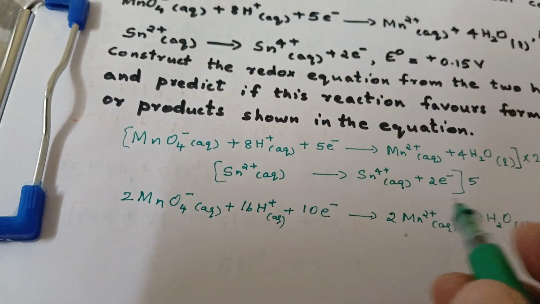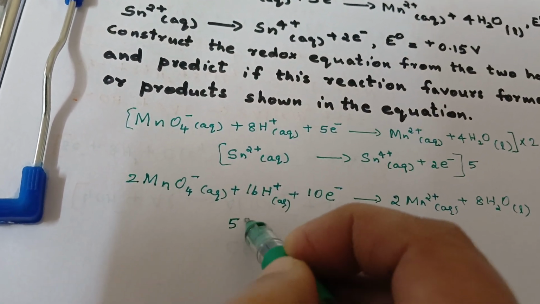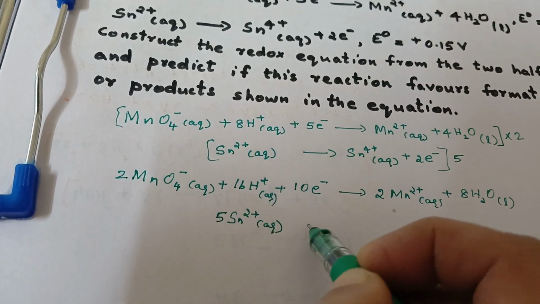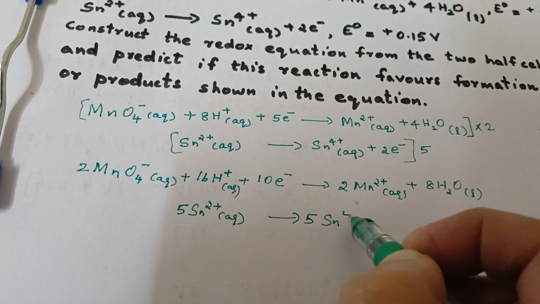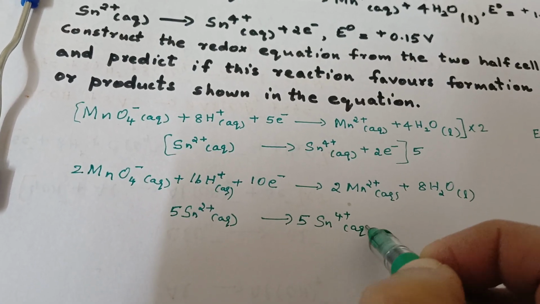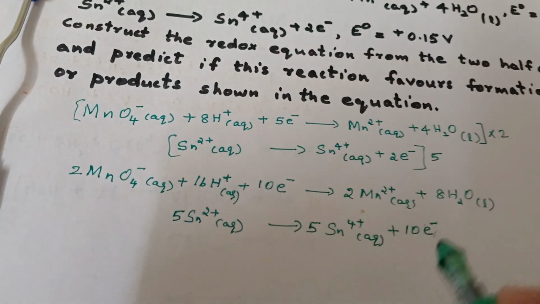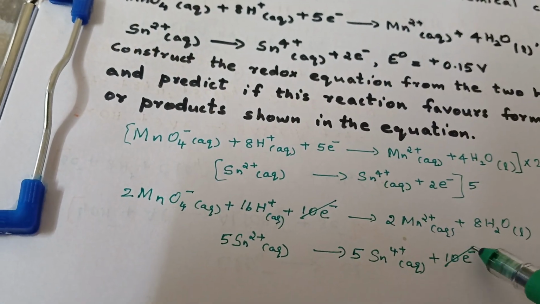And in the next one, multiply by 5. So 5Sn2 plus aqueous giving 5Sn4 plus aqueous plus 10 electrons. Now we can cancel out these electrons, they are the same and on the opposite sides.